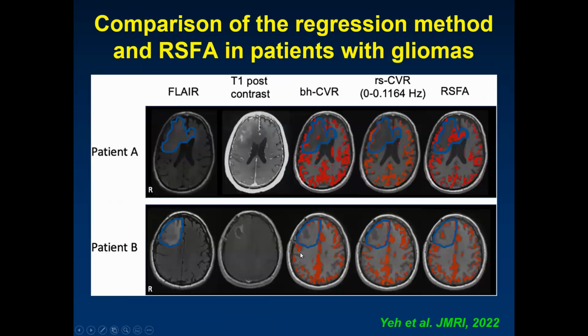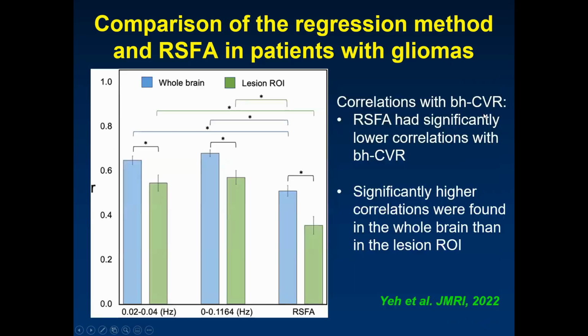And in a recent study published this year, this group compared the CVR obtained from breath holding CVR, the resting state CVR using our methods, and also the resting state fluctuation amplitude. Shown here are the resulting maps from 2 patients with gliomas.